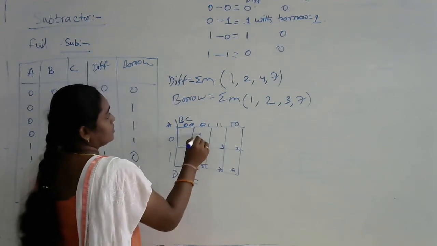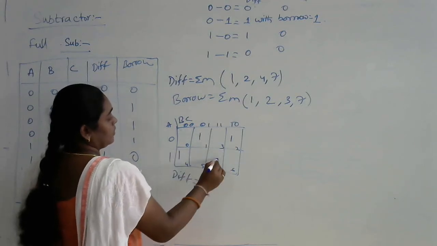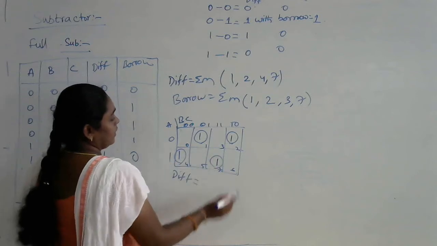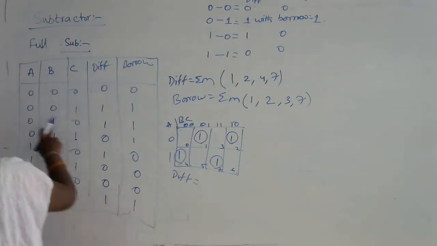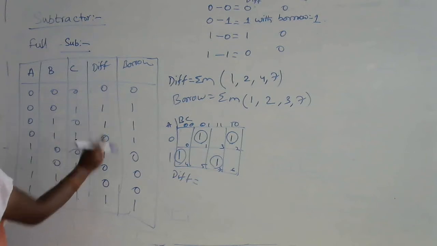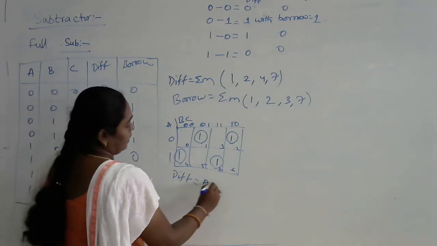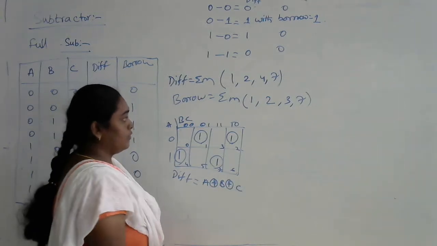As all these are isolated ones, wherever you are having odd number of ones, there only we are getting ones. So I can write down A XOR B XOR C directly for the difference.